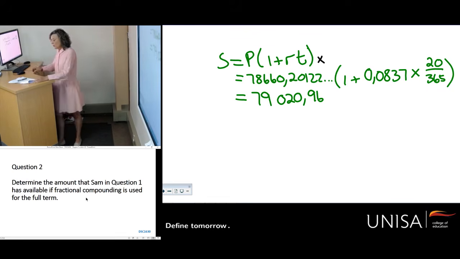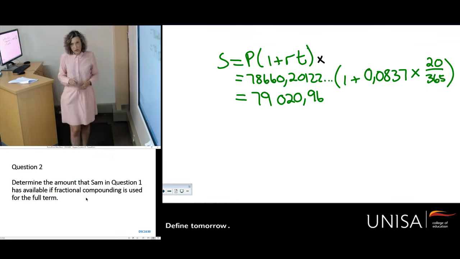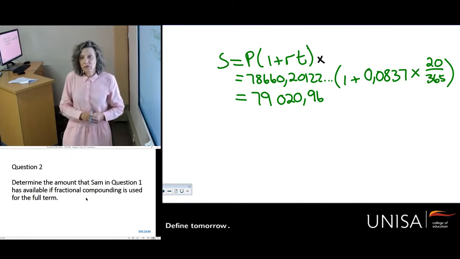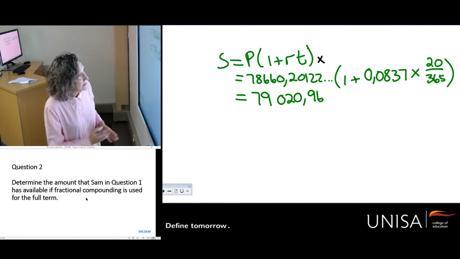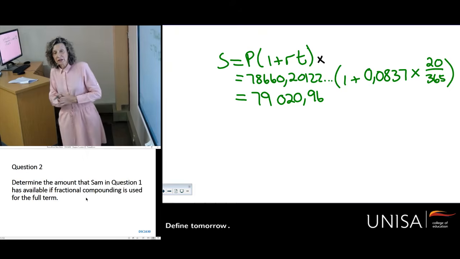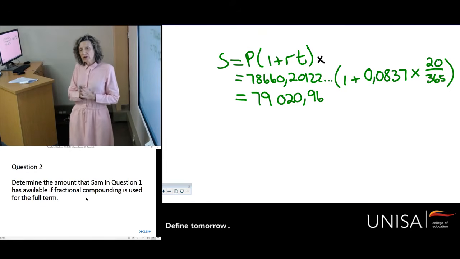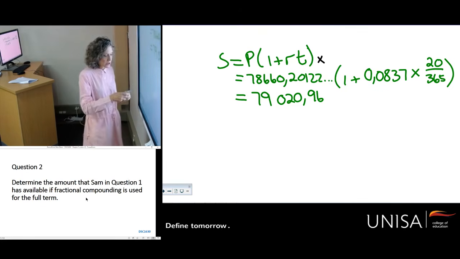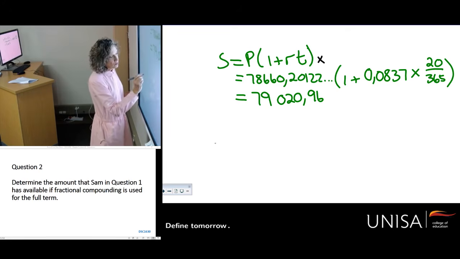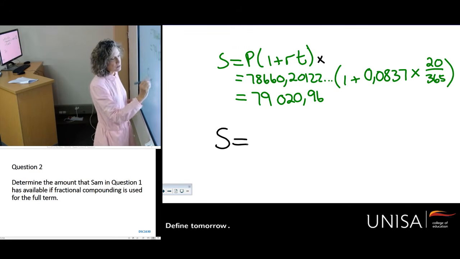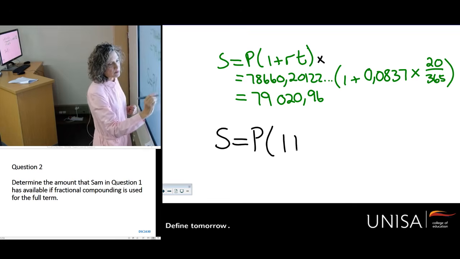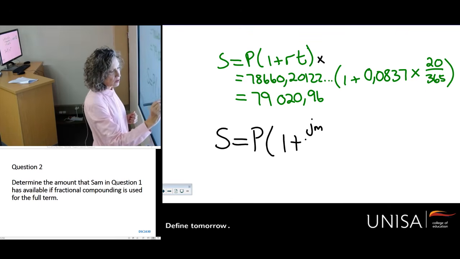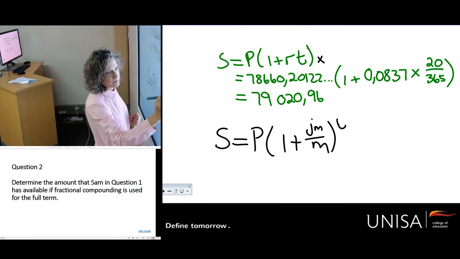Right, now we're going to look at the same question, but using fractional compounding. Now, as I said, what is fractional compounding in the beginning? Fractional compounding is normal compounding. So if I would write normal compounding, it is S equals P(1 plus JM over M) to the power TM.